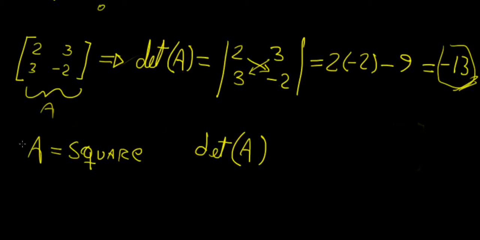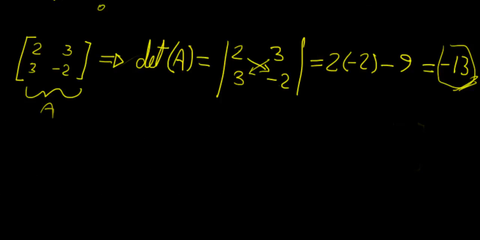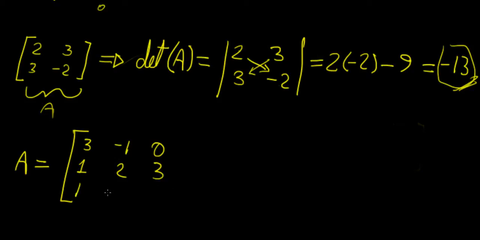Now let's see what happens when we increase the dimensions. Let's say our matrix A is a 3 by 3 matrix with rows 3, minus 1, 0; 1, 2, 3; and 1, 0, minus 2.